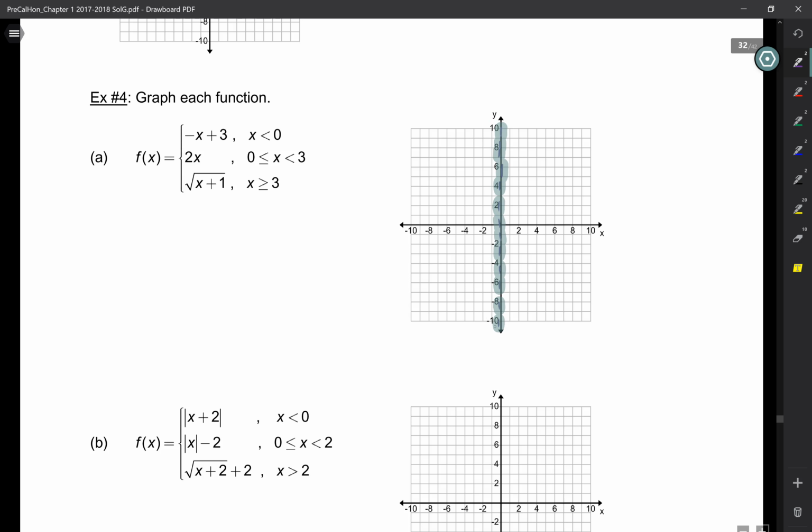I'm not going to do the helpful line this time. So at x equals 0, these two functions meet. At x is 0, how much is the value of the top function? 3. Open or closed? Open. And now the slope there is negative 1.